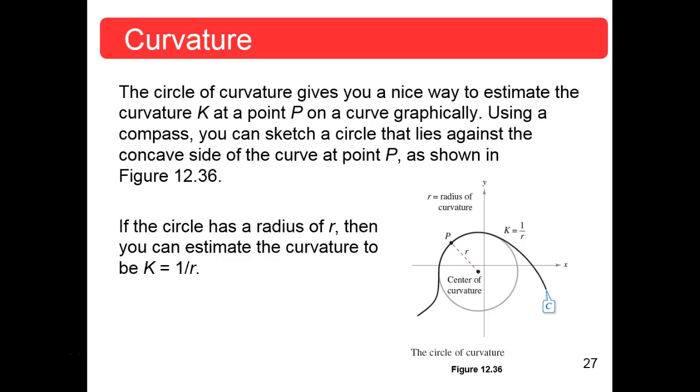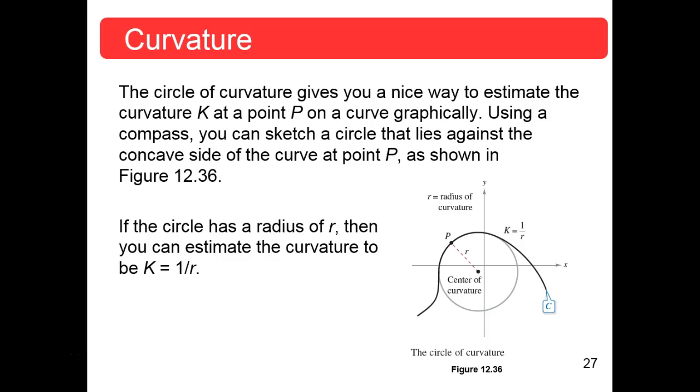Now, the circle of curvature gives you a nice way to estimate the curvature K at any point P on the curve graphically. Using a compass, which I'm sure we all still have, don't we? You can sketch a circle that lies against the concave side of the curve at point P, as shown here.